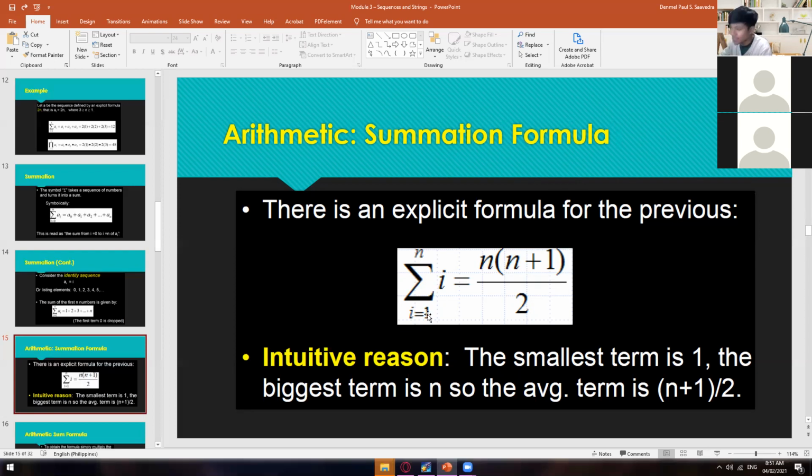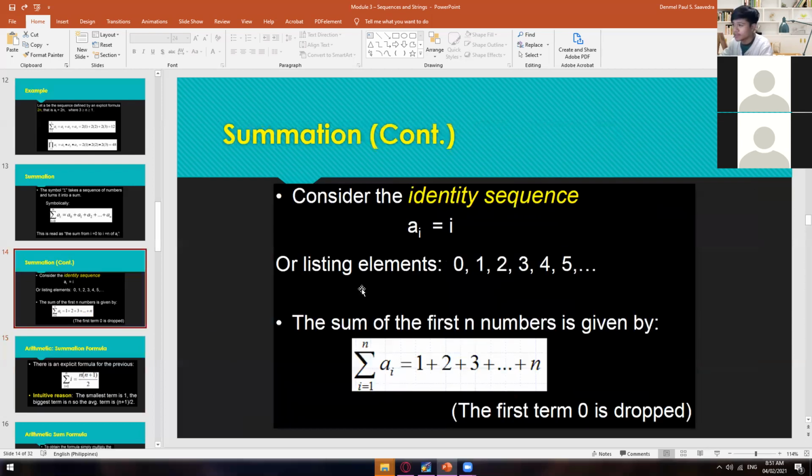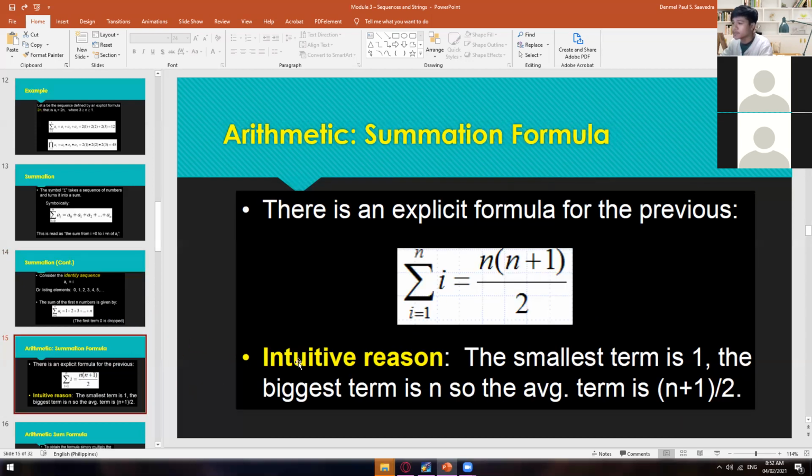But if your i is equal to 2 or 4 or 5 or 20 up to, let's say, 100, then this formula is not applicable anymore. It is only applicable if your i is starting from 1. From there you will be able to get the summation of that given range.